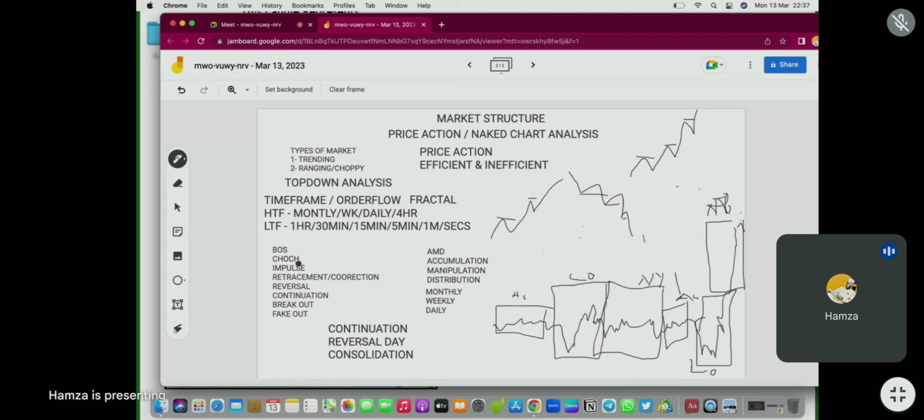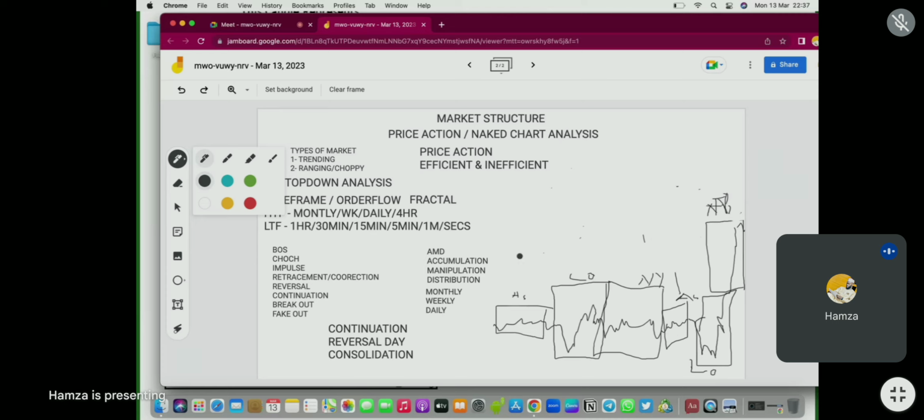Now, what CHoCH is. To understand CHoCH, you need to understand BOS, retracement, continuation, and reversal. Whenever we have a BOS, what we're having is a retracement and a continuation. The retracement is the correction, and the impulse is the continuation.